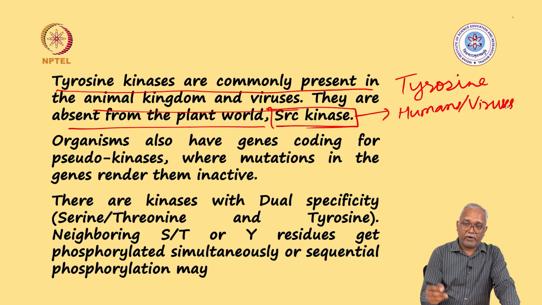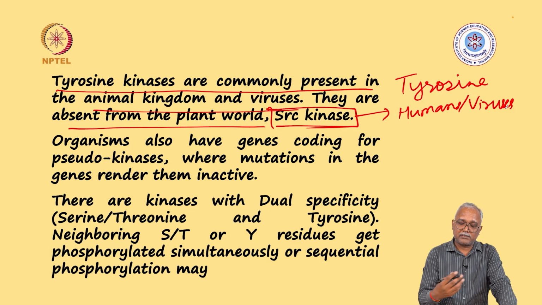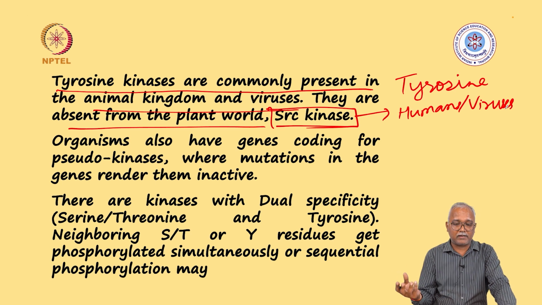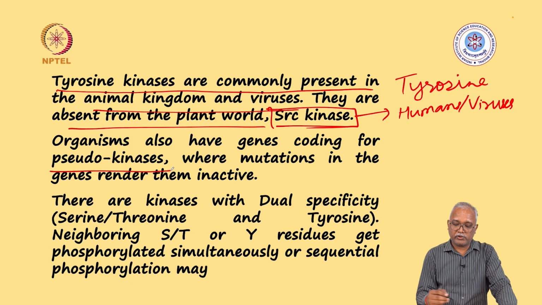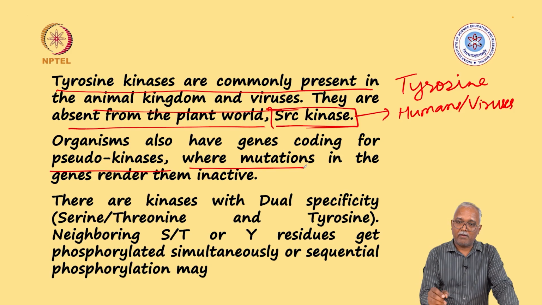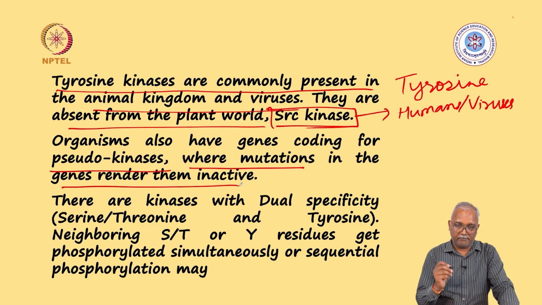So when we talk about different organisms where this signaling is happening, there are different kinds of genes which give rise to these kinases. In addition to regular genes which code for functional kinases, there are pseudokinases also which have mutations which make these proteins inactive.